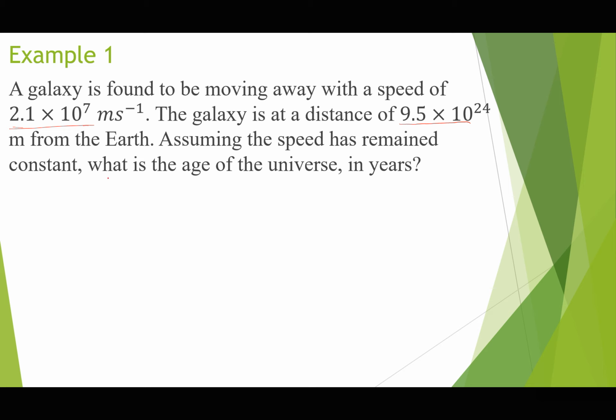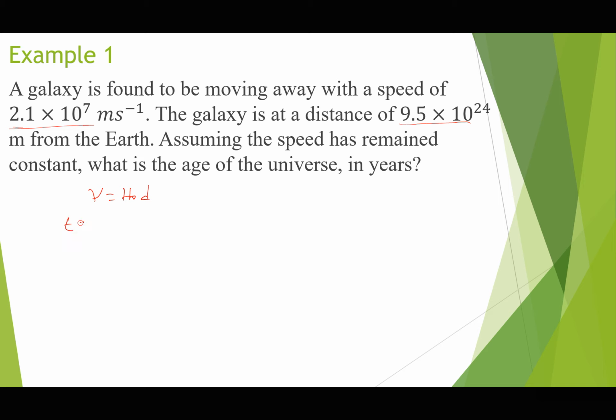So every time we consider v equals h naught times d, and we try to estimate the age of the universe, we assume that the recessional speed of a certain galaxy has remained constant. So we want to find the age of the universe.